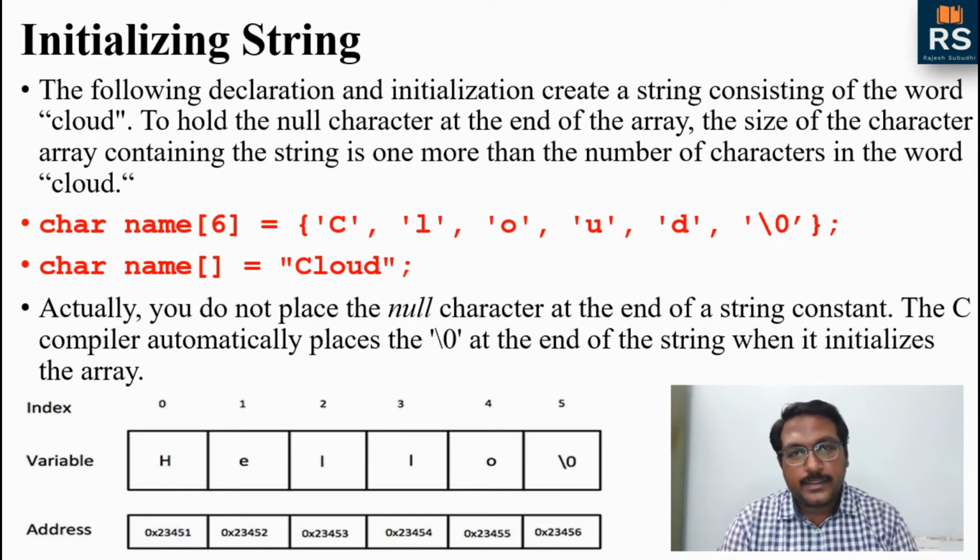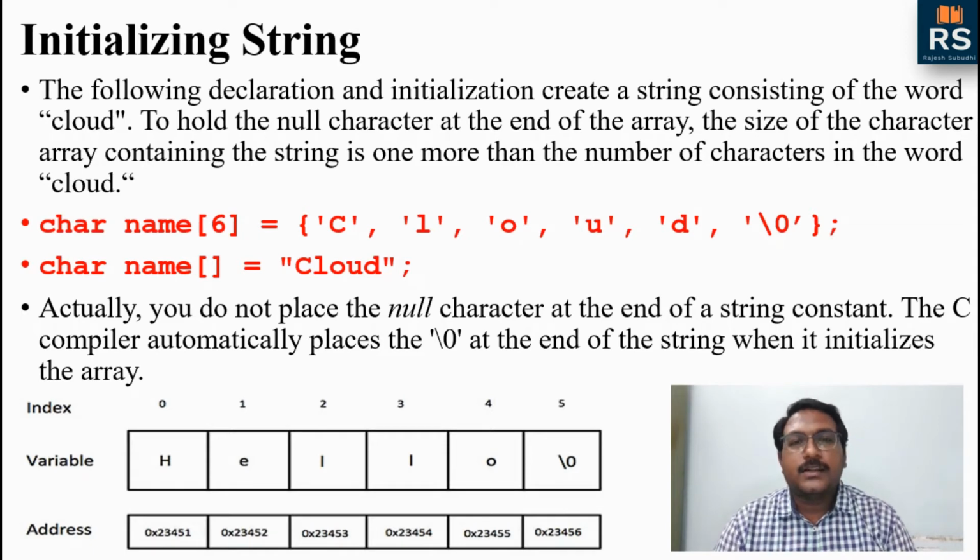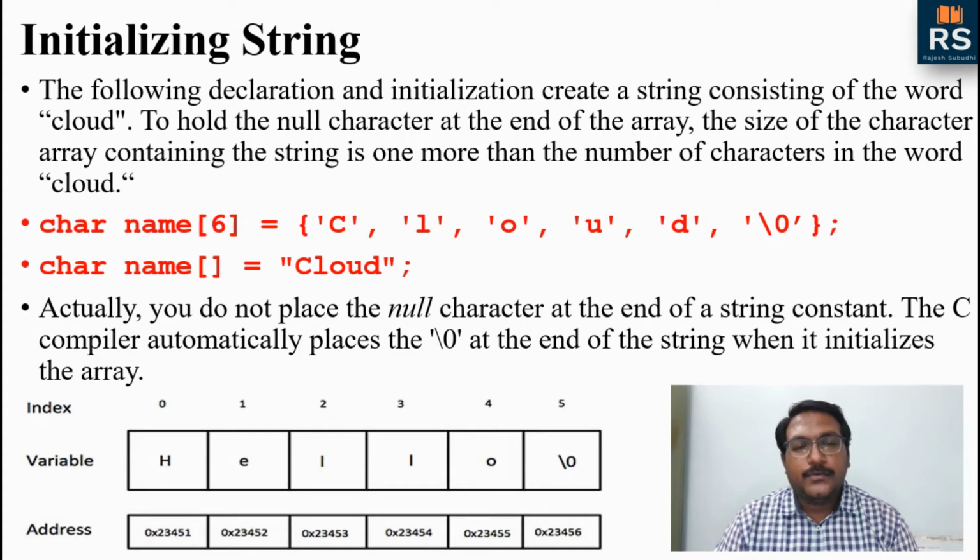If it's a string, you should give a null character at the end of the array. If you give a null character at the end, then that character array will be treated as a string. If you do not give it, it will be treated as a normal character array.